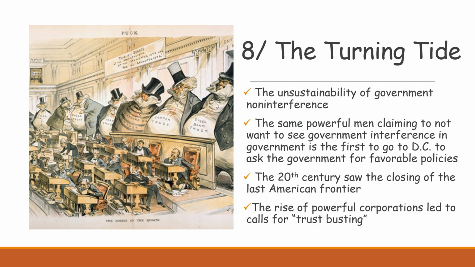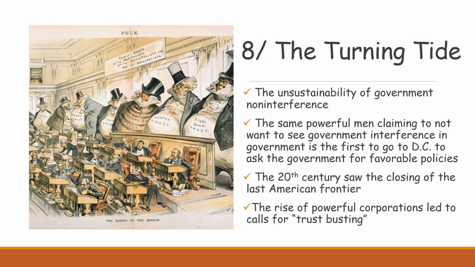So then he starts speaking of the turning tide, the unsustainability of government non-interference in business. The same powerful men claiming to not want to see government interference are the first to go to the Capitol to seek government help with favorable policies.